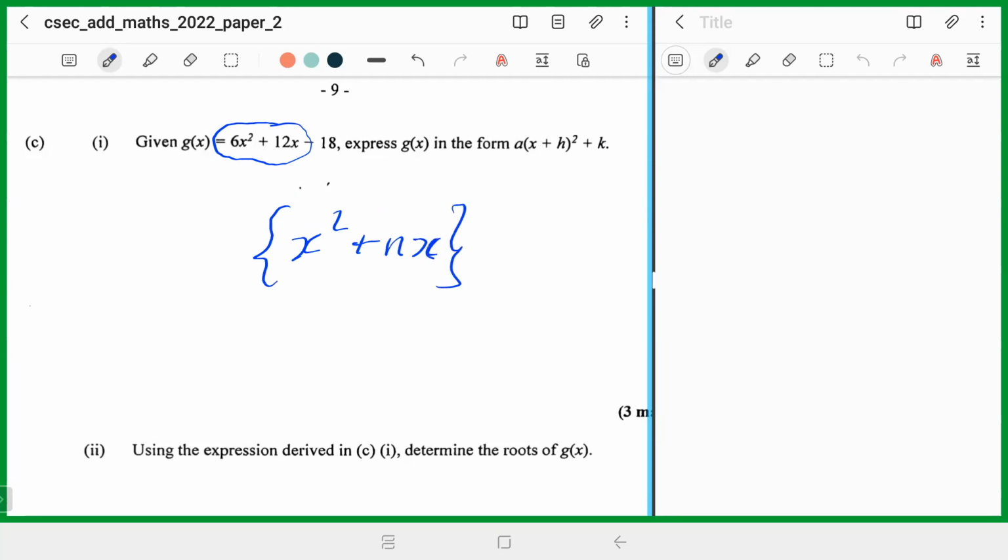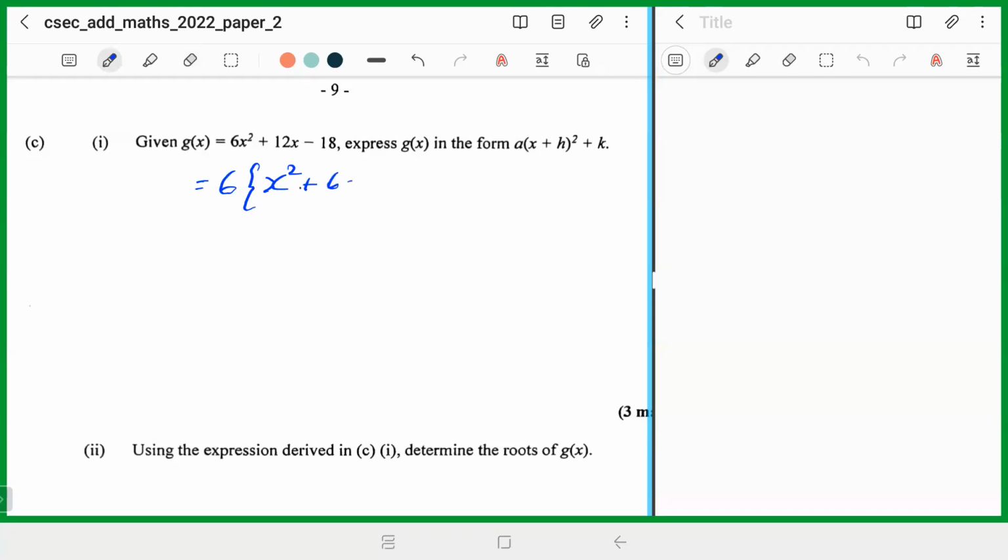Because we looked at completing the square of expressions of this form, x squared plus nx, a 2-step process. All right? And so I'm going to factorize away the 6 first. So I'm going to get that this is equal to 6 curly bracket x squared plus 2x, my mistake, 2x.